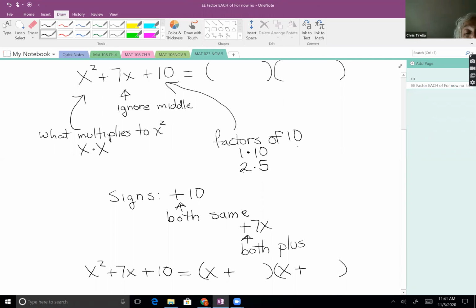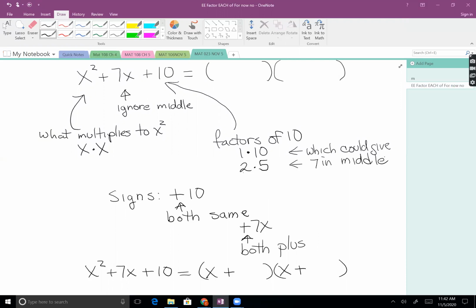Which of those number pairs could possibly give me a 7 in the middle? 1 and 10 or 2 and 5?